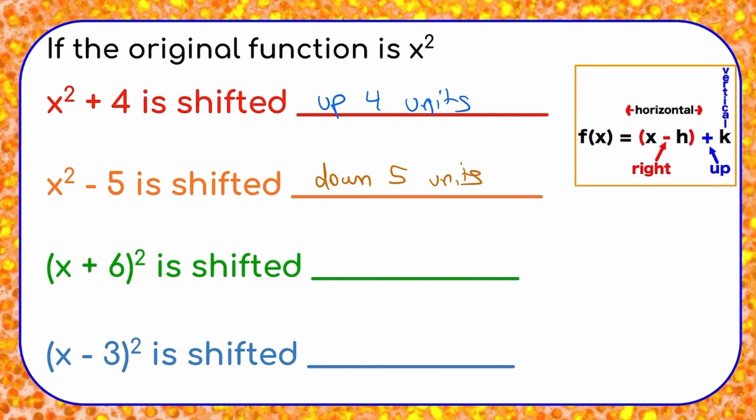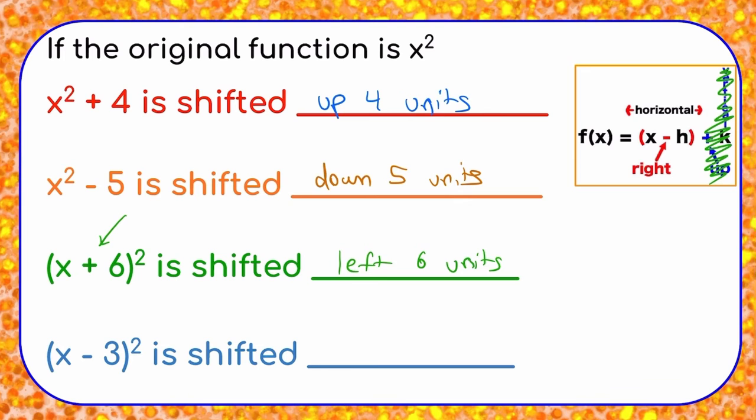So let's look at our next 2 examples. For x plus 6 squared, would you say that this plus 6 is inside parentheses or not inside parentheses? It's inside parentheses. So it can't be a vertical shift. It has to be a horizontal. And if it's a plus 6, do you think that's going to be to the right 6 or to the left 6? That is going to be left 6 units.